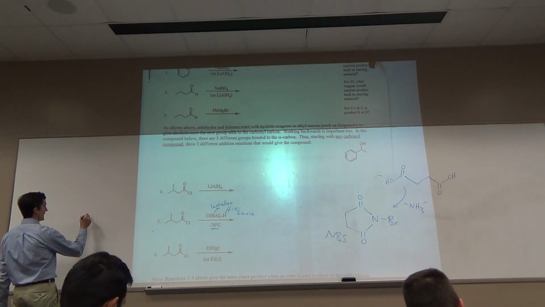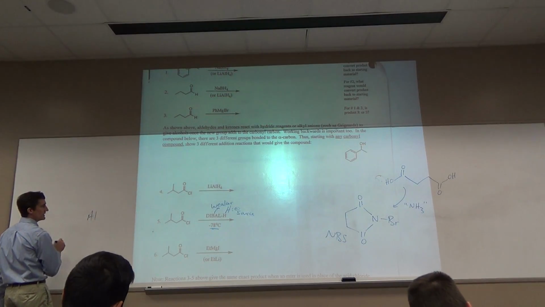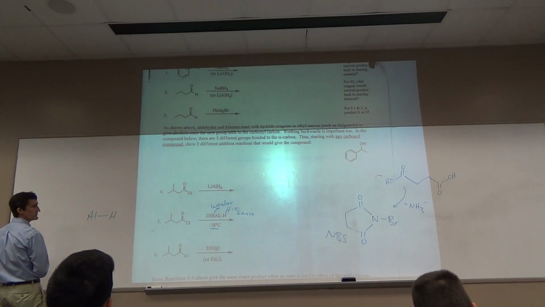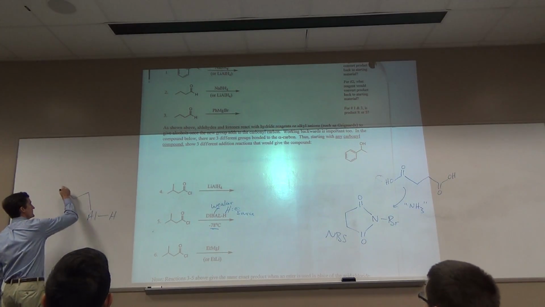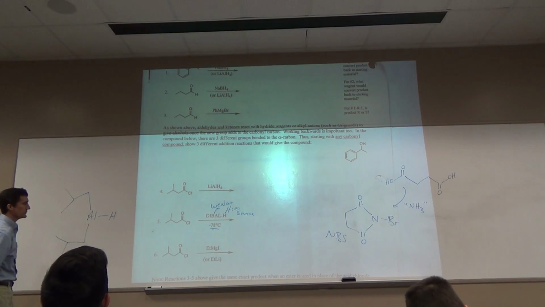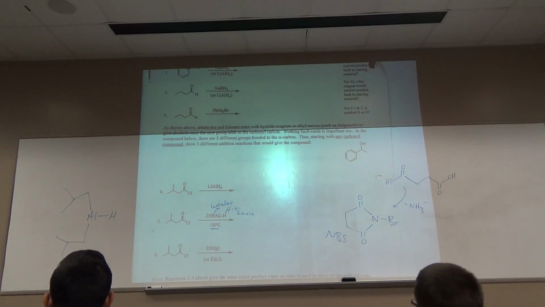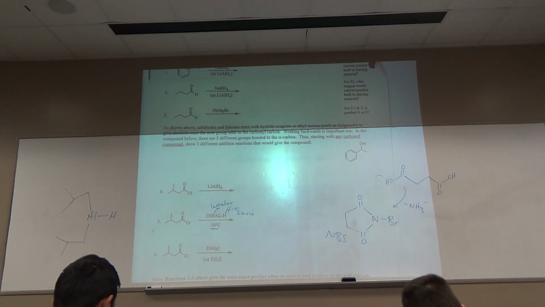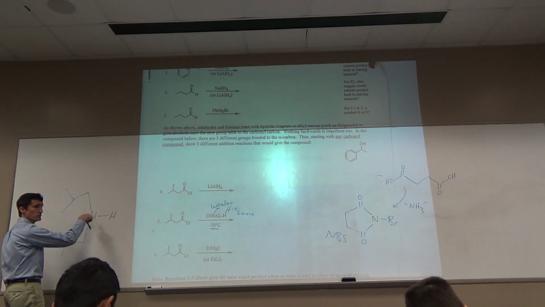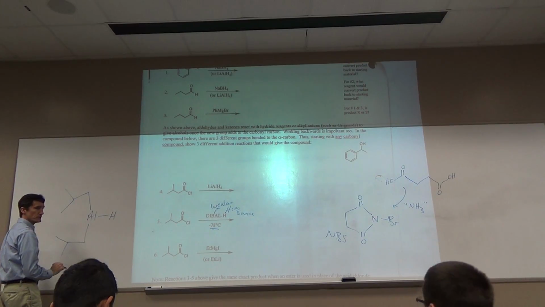DIBAL, let's see what it looks like. It is aluminum, that's the Al. It's got an H. D, diisobutyl. These are isobutyl groups. There's DIBAL-H. It's an aluminum hydride, but it's neutral. It is a hydride source, though.